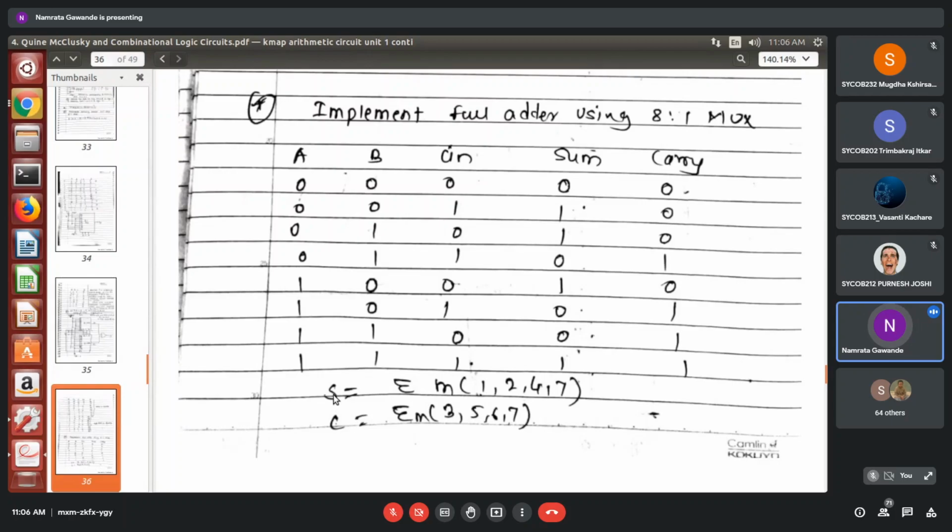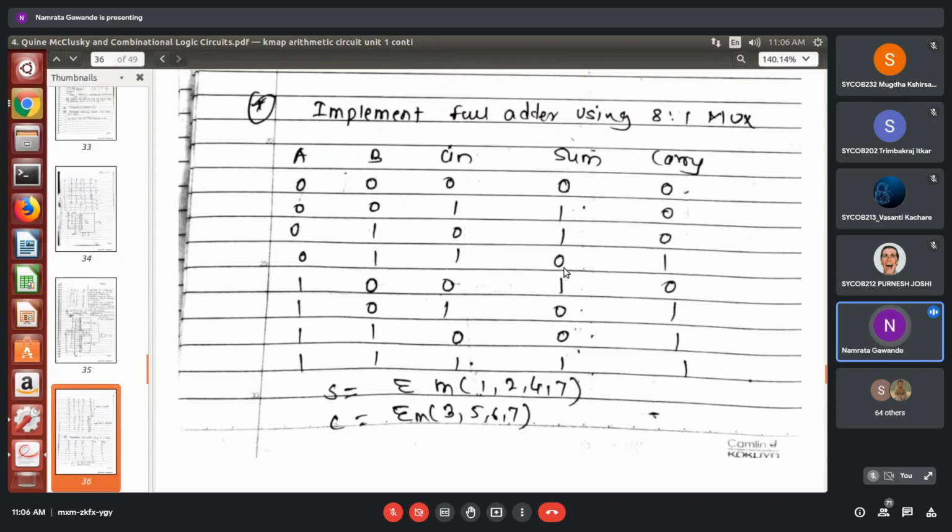Now here you can see S equals summation of m 1, 2, 4, 7. Why is it written? Because wherever we are getting 1 as the output in the sum, those minterms should be written in the expression.